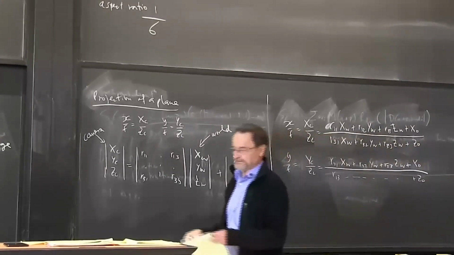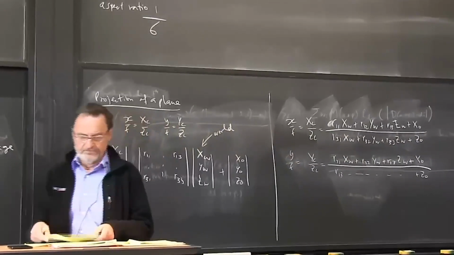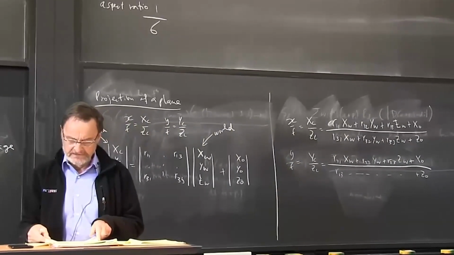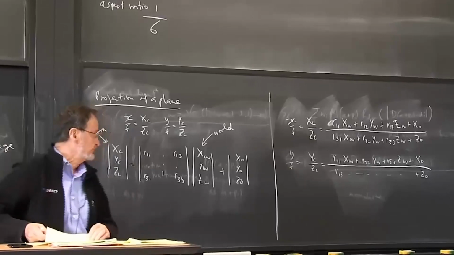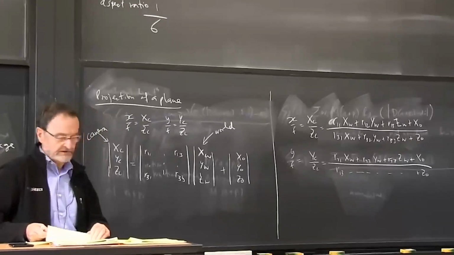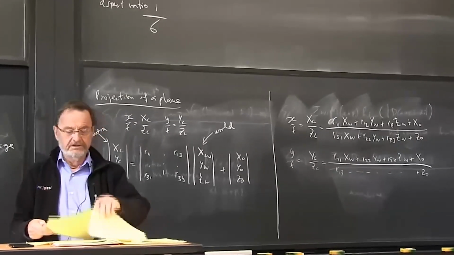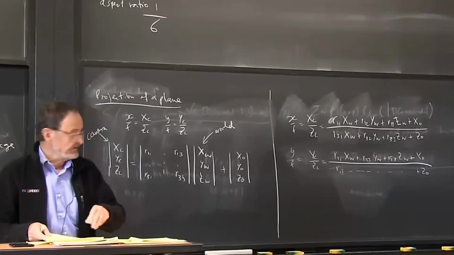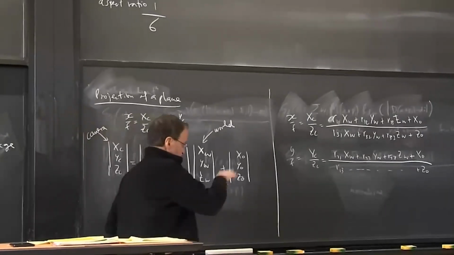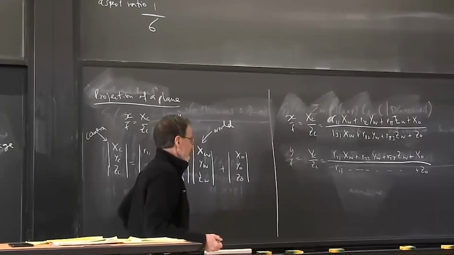So, as we know, perspective projection has this nasty property that it involves a division. It's nonlinear, and it's kind of a bit messy. So that's the general case, and we'll find ways of dealing with that.